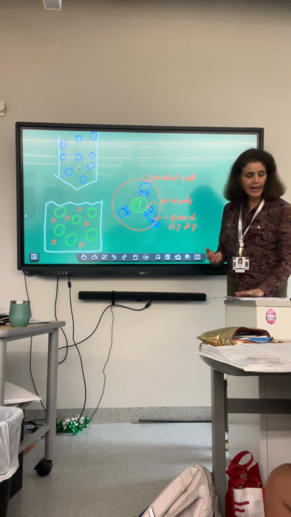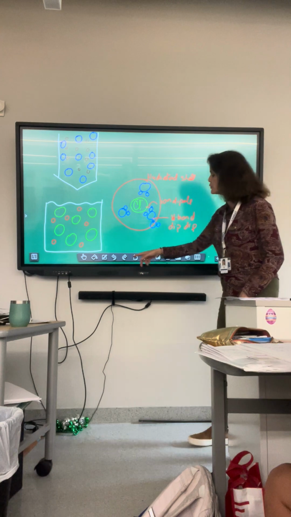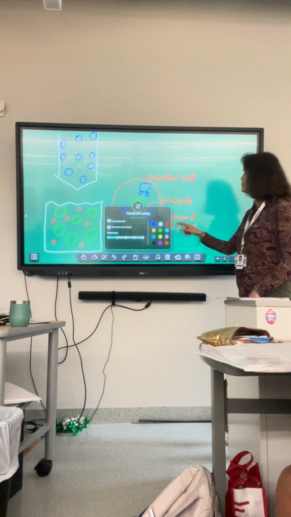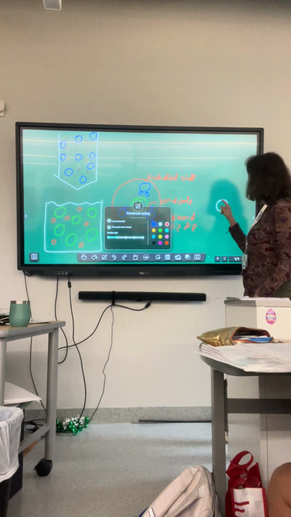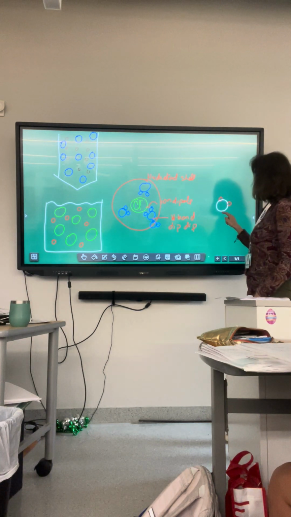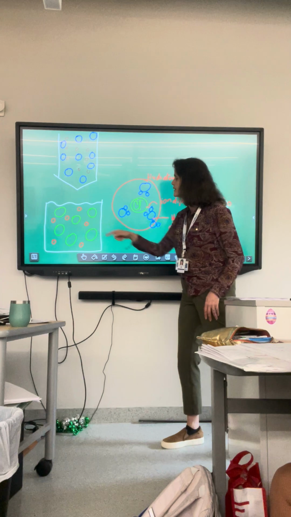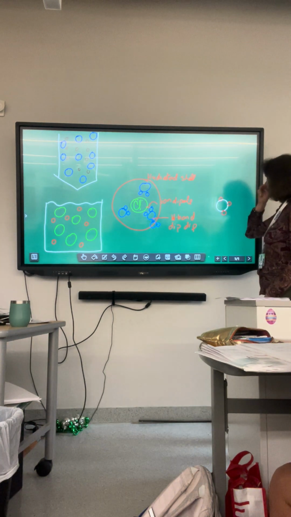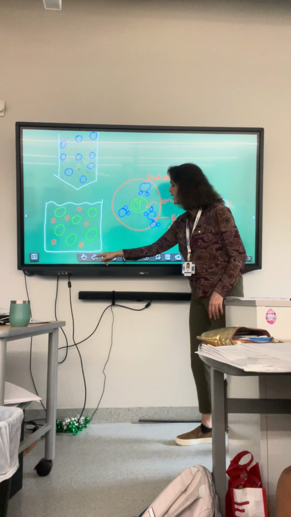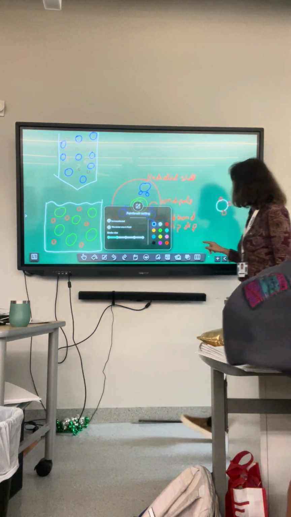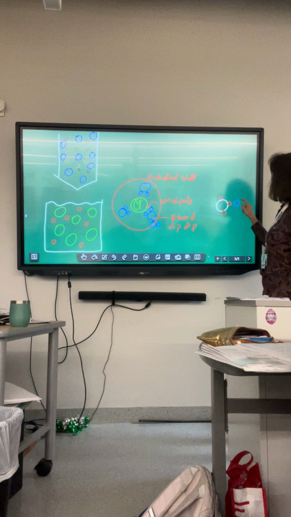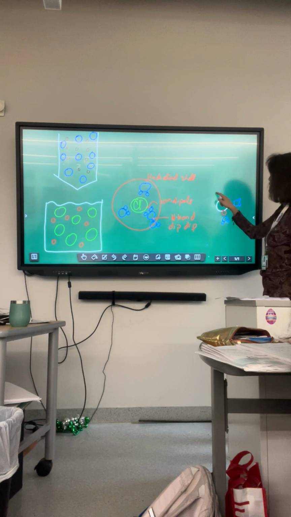Now, when you have the H plus, it's truly not H plus. It's H3O plus. Those are the little red things. Yeah. Those are H3O pluses. And how do they bond with water? So these will bond to the oxygen side of the water.